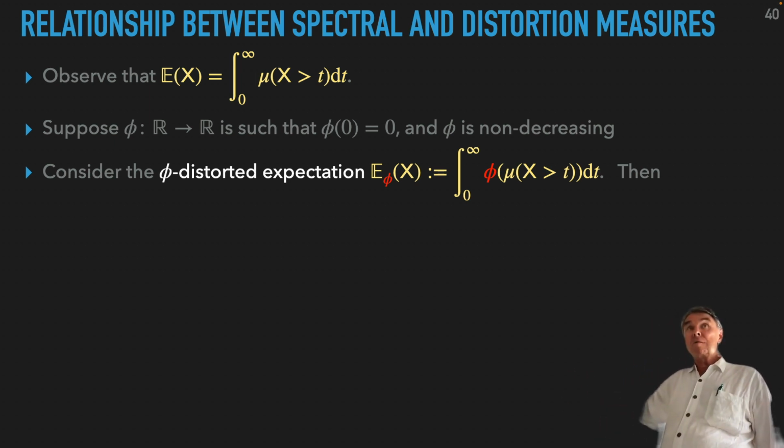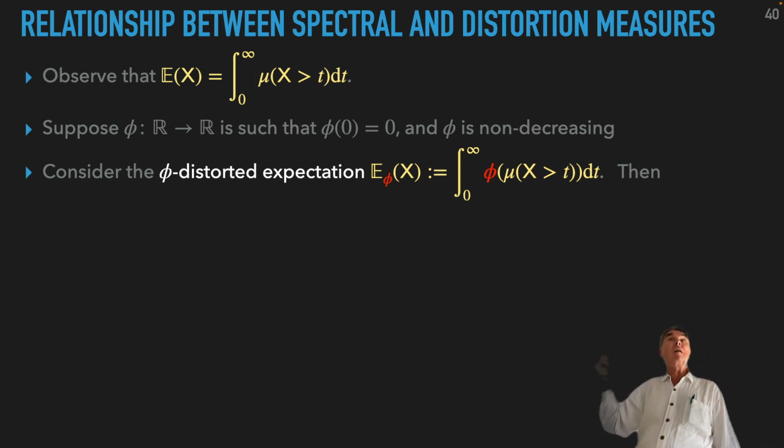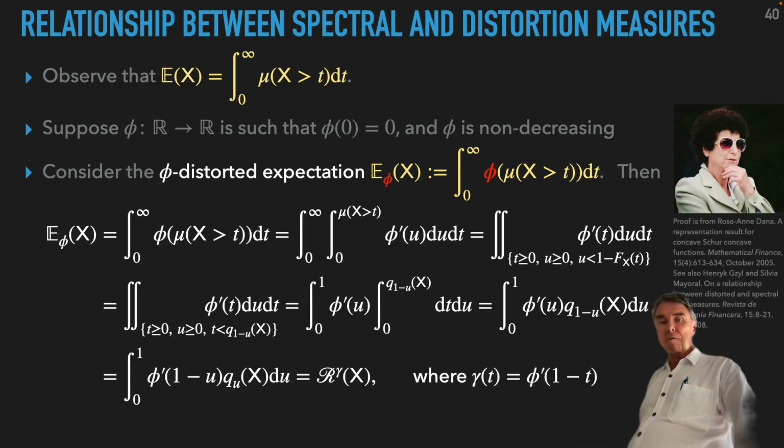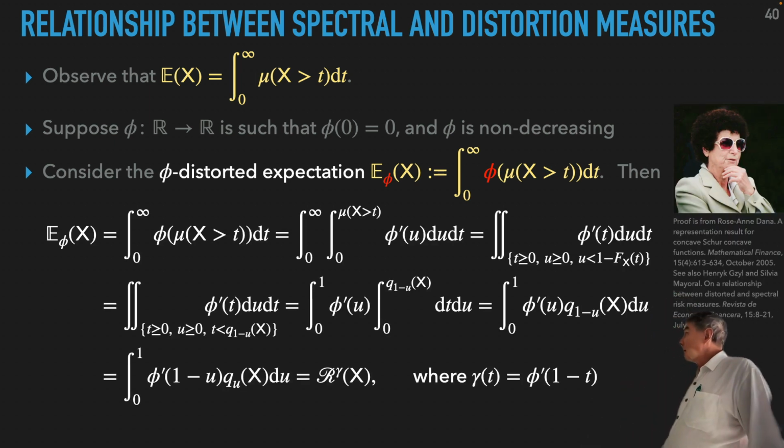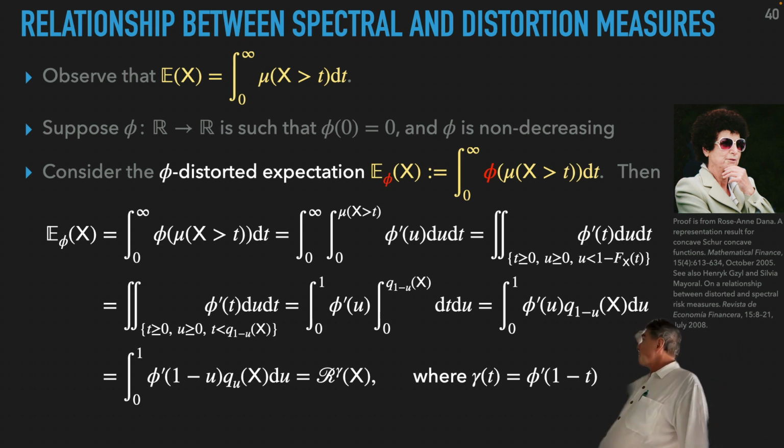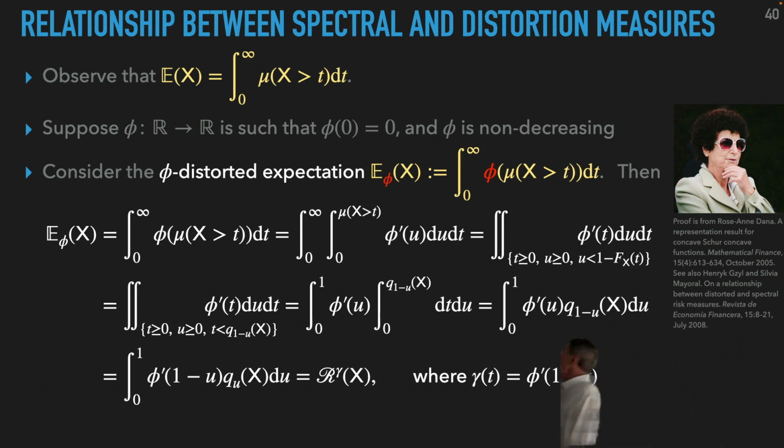This quantity was developed in the insurance literature, independently of all the other stuff that I've told you about. And it turns out, and it's only a few steps, and I encourage you to try and work through this, it's essentially just a change of variable in integrals. It turns out that every distortion, this guy, is equal to one of these spectral risk measures, right?